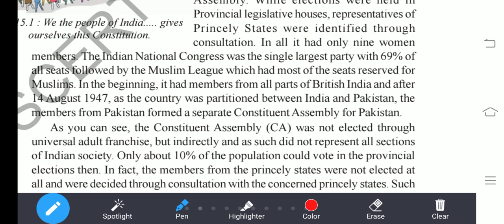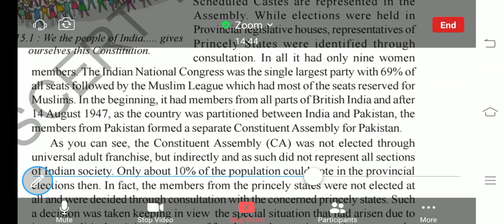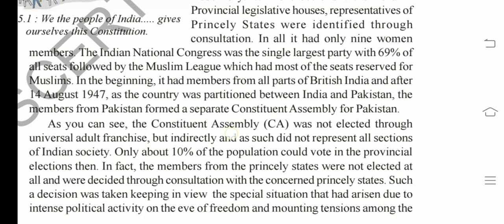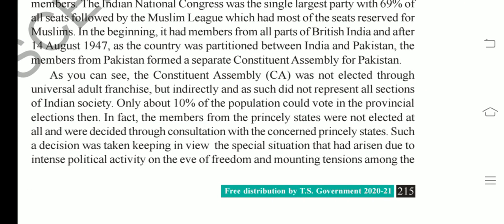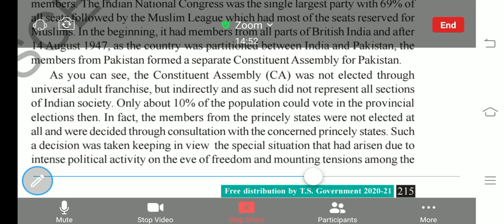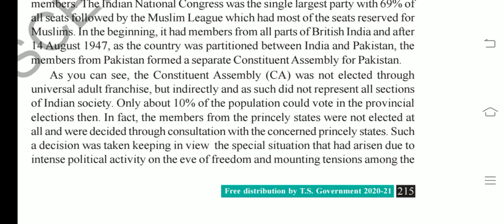And here, all the members of the Constituent Assembly were not elected by universal adult franchise. Just now we discussed, only the provincial assembly related members, that is 292.